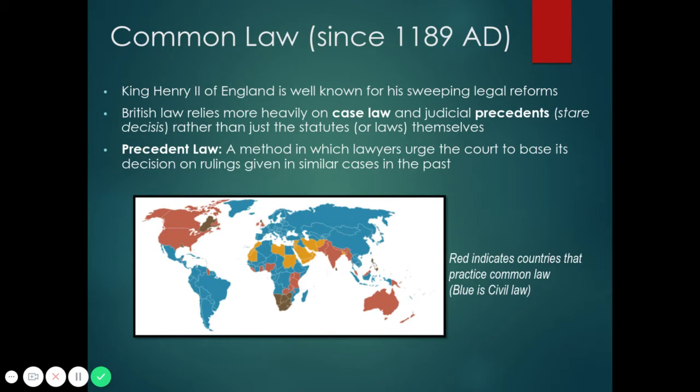But as new situations arise, the judges are able to start to create new law. And then when they come back to London, I'm guessing, they start to talk to each other and write down the key themes that are coming up. And this is the beginning of what is called common law.